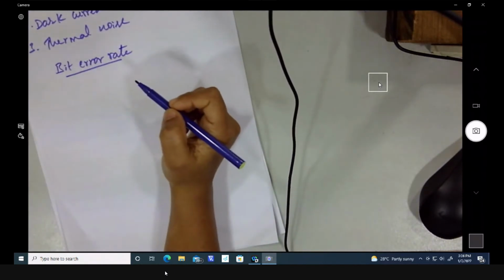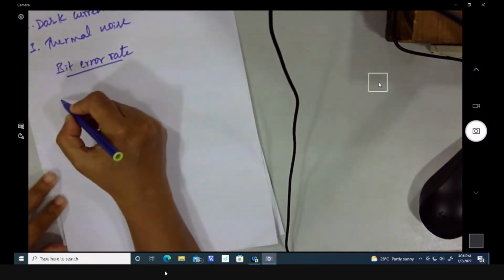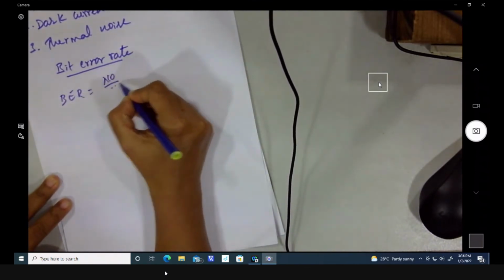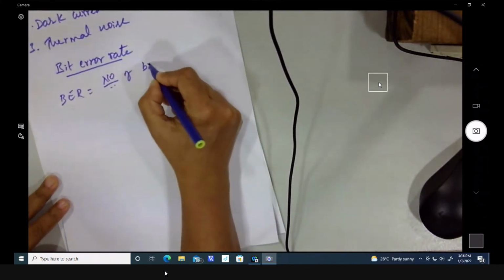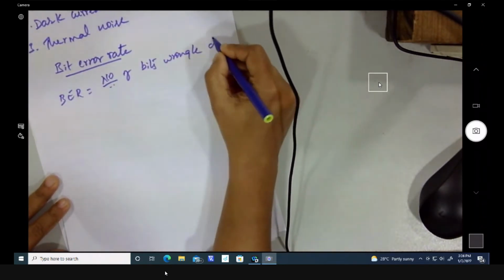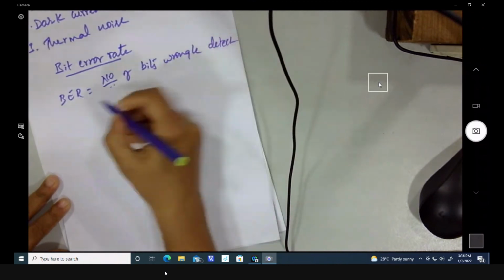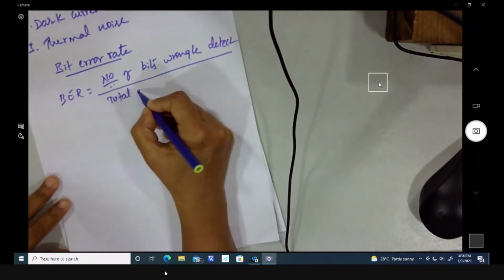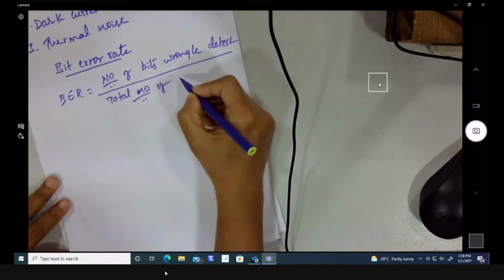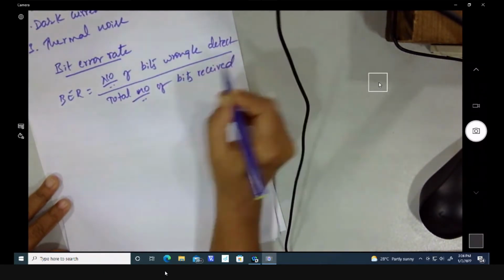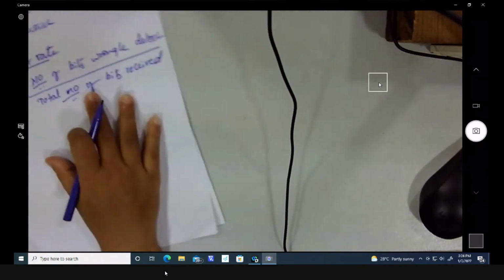Bit error rate is the ratio of number of bits wrongly detected by total number of bits received. That one we call the bit error rate.